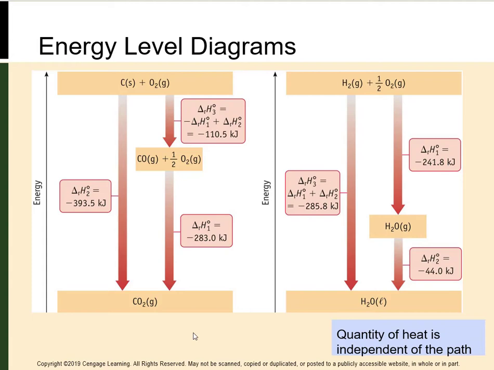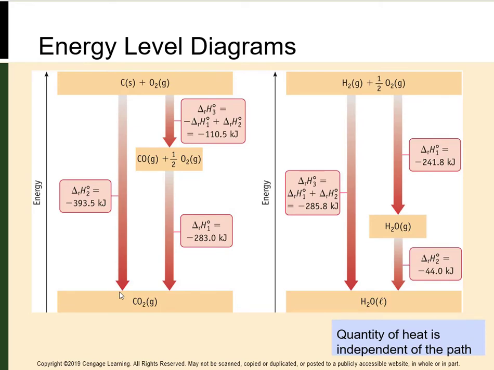Here we have elements carbon and oxygen. We can see they are at the highest enthalpy, and the reaction of carbon and oxygen to form carbon dioxide lowers the enthalpy by 393.5 joules. So when we combine to form carbon dioxide, it is exothermic, lowering that enthalpy.